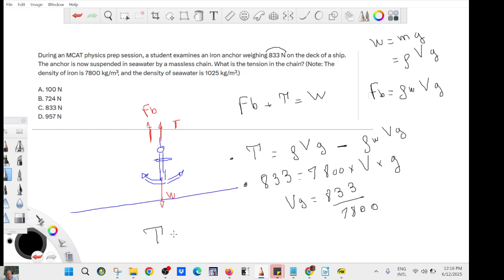So the tension equals rho V g. So rho is 7,800 times, okay, we already have that.